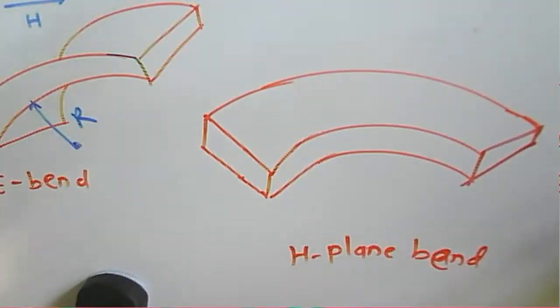Okay, that is called an H plane bend. And this one is the radius for this bend. R is the radius of the bend.